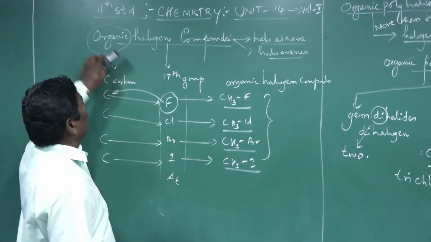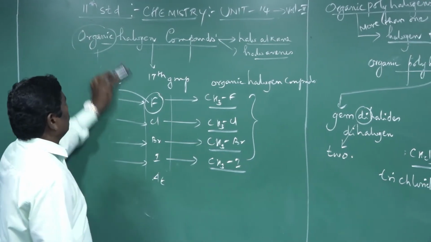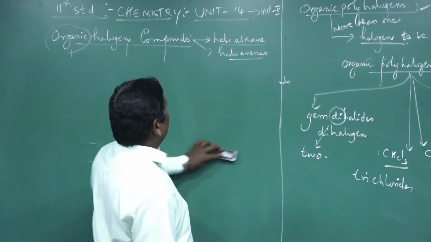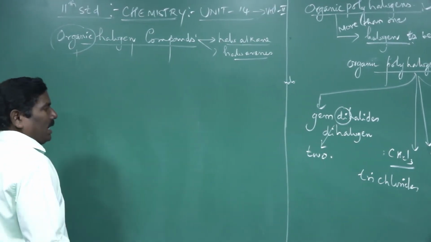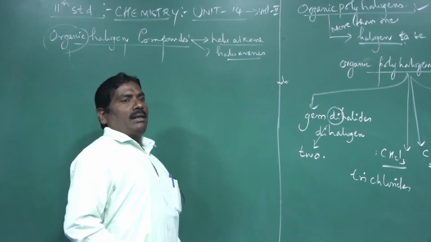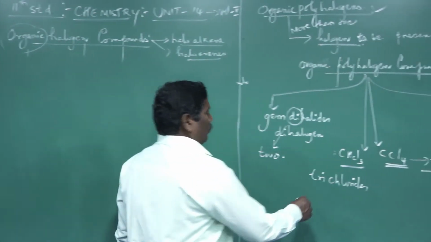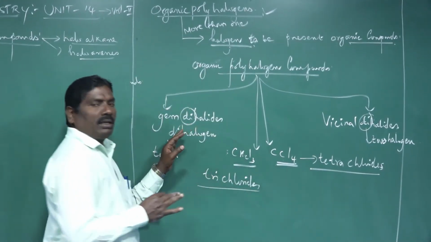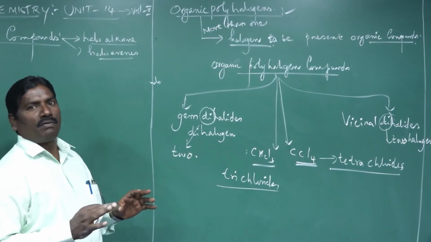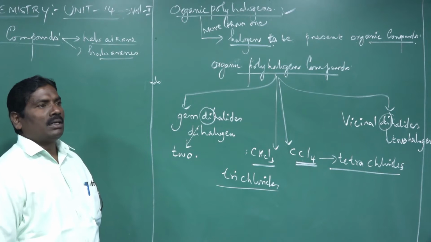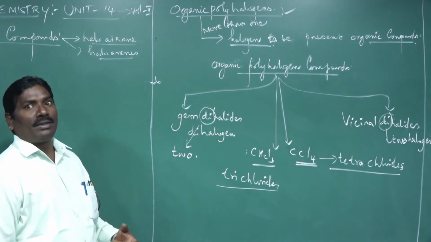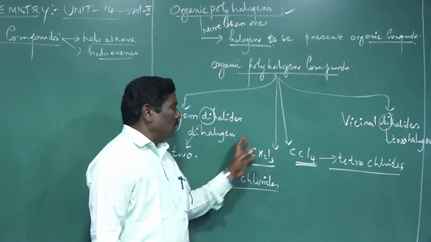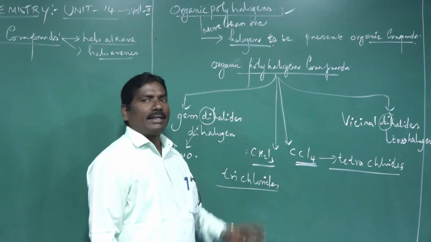Among these polyhalogen compounds, we are going to study gem dihalides and vicinal dihalides. These compounds are very important in the preparation of industrial solvents and many drugs.